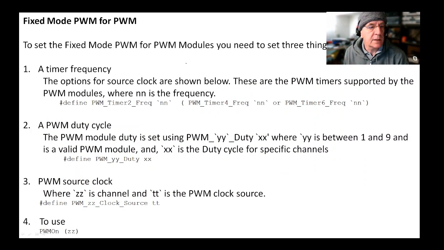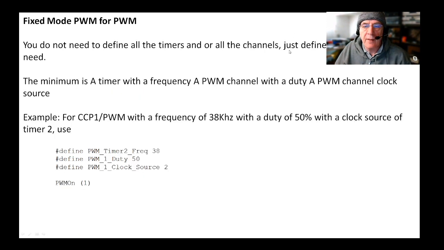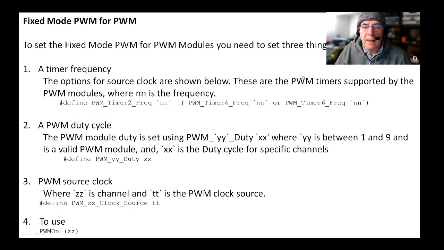What's important is we need to set, it says 3 things, but in reality, let me make it very clear, that's 4 things. I'm so sorry, you need to set 4 things. You need to set a timer frequency, and that is a constant and a value.